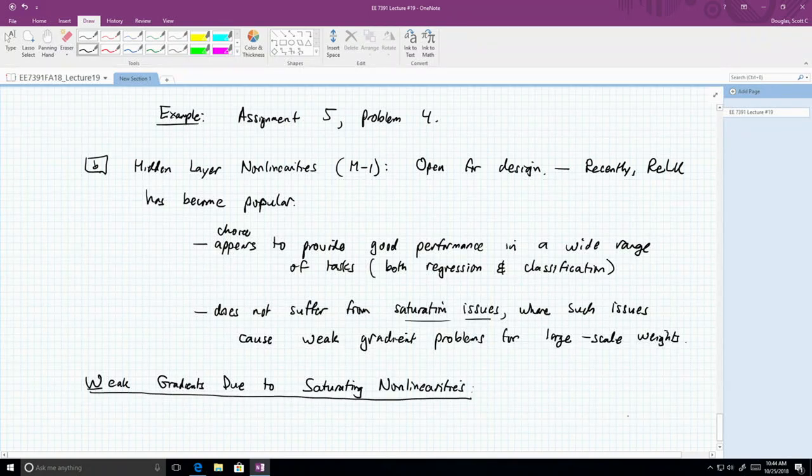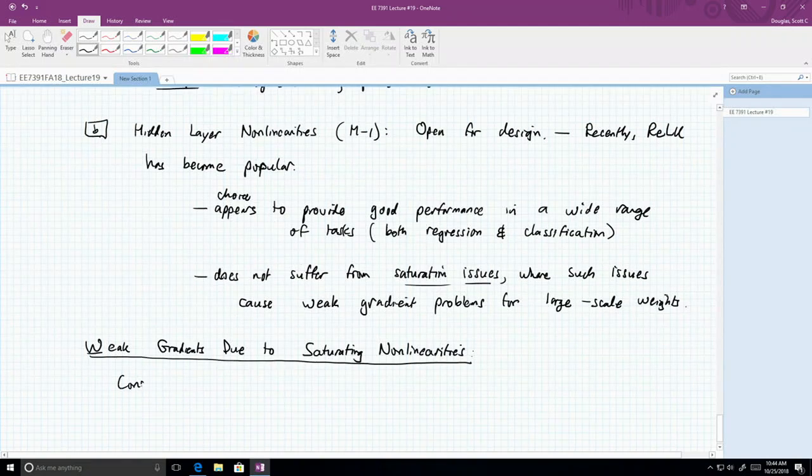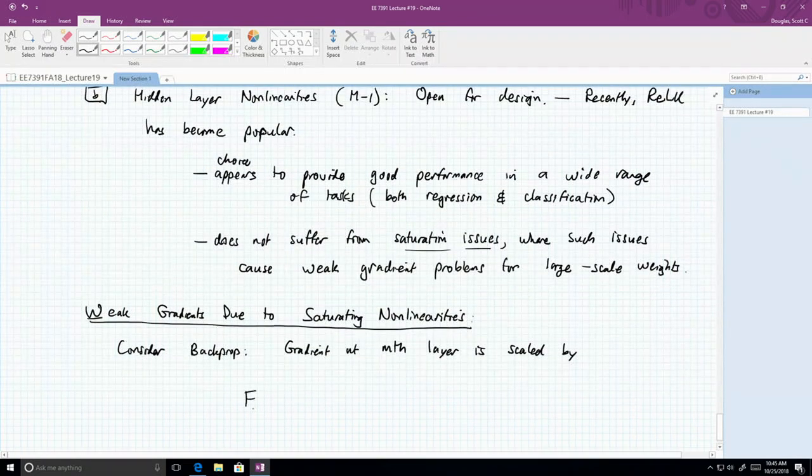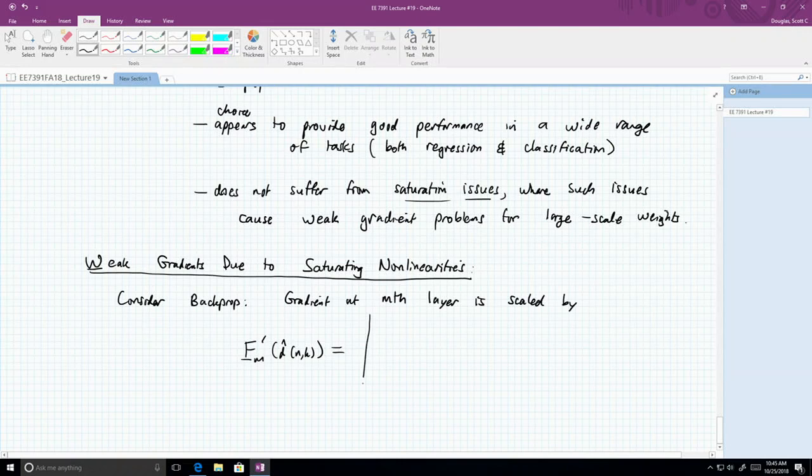And the idea here is, if we consider backprop, what we have is the gradient at the mth layer is scaled by this matrix, right? We have this Fm prime of d hat n k, and that's this diagonal matrix of derivatives of output nonlinearities.